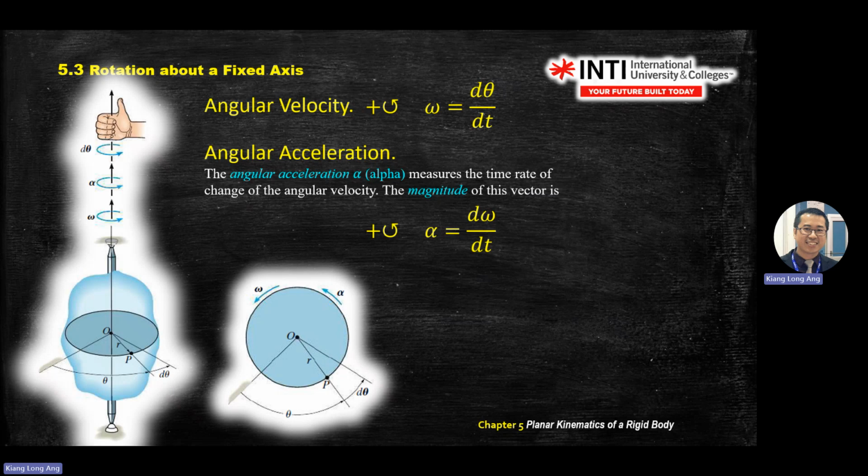For rotation, we are using omega and alpha to represent the motion, and angle. So it's the same. In chapter 1, your A equal to dv dt, your A also equal to d square s over dt square. Same.